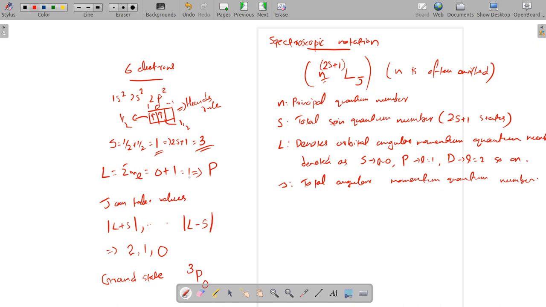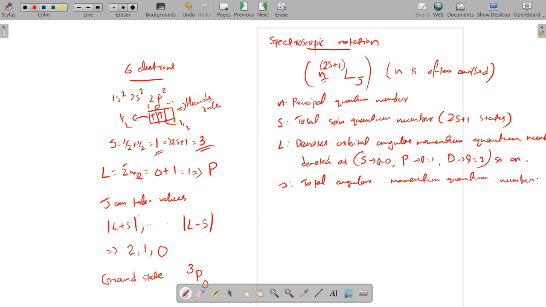But it's given with symbols, according to this rule. So L equal to 1 denotes P. Instead of L, you will have P here.